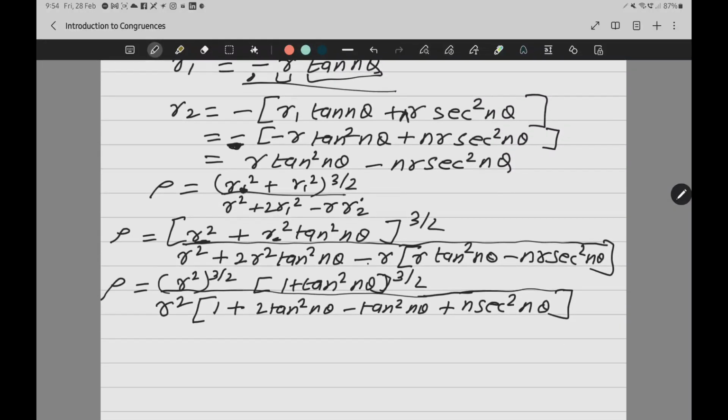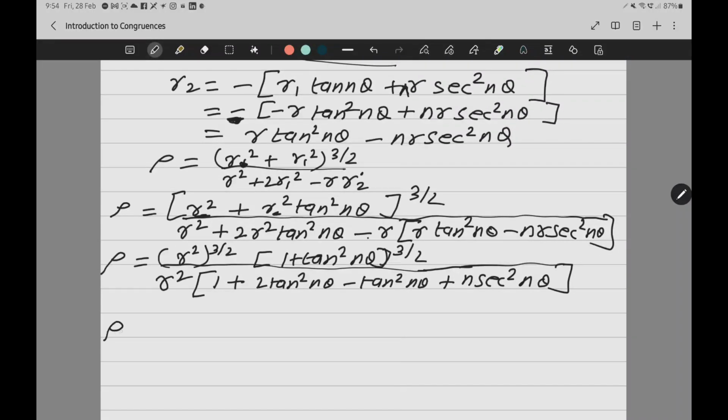Right? Now next step, rho is equal to, again the same thing, 2 to cancel, R cube upon R square is only R. What is 1 plus tan square theta? Secant square n theta. Now this R square is gone. Now what is this? 2 tan square theta minus tan square theta is only tan square theta.